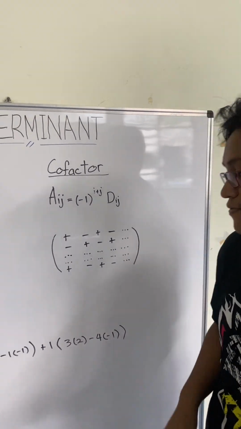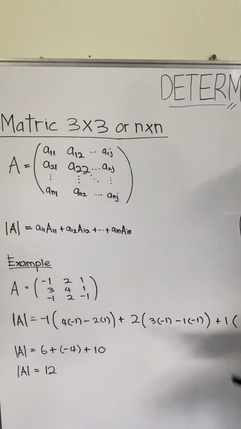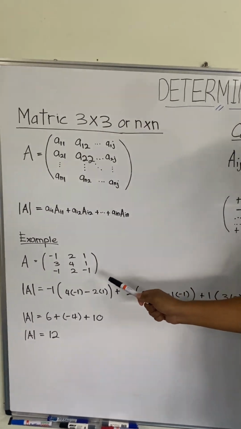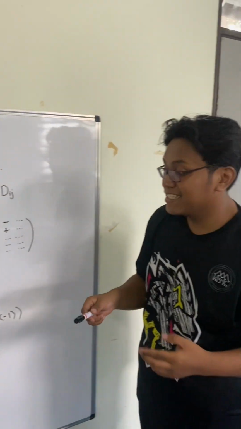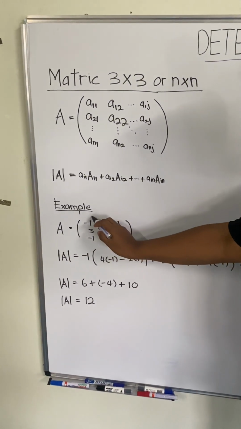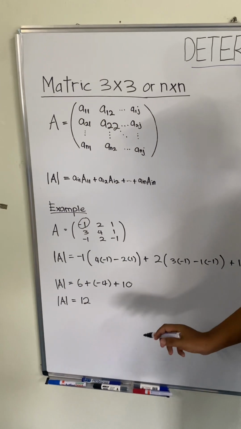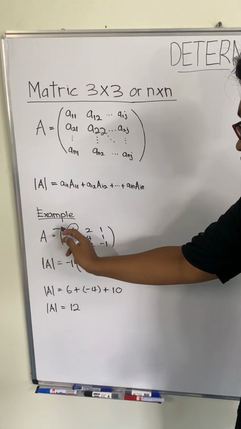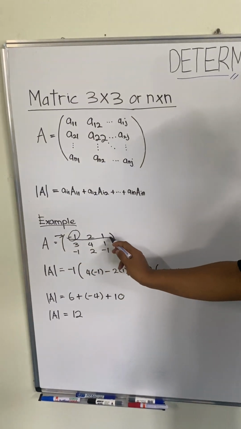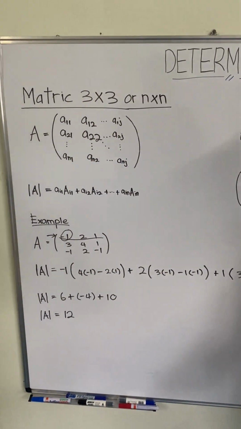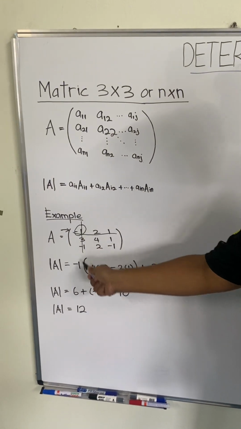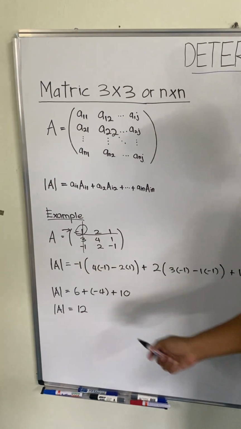Here I will show you an example. The matrix is negative 1, 2, 1, 4, 3, 1 and negative 1, 1, negative 1. To find the determinant, I use the first row. I mark it like that, so I can use this row and this column for the first one because I use the negative 1.